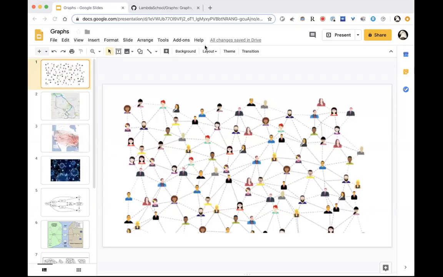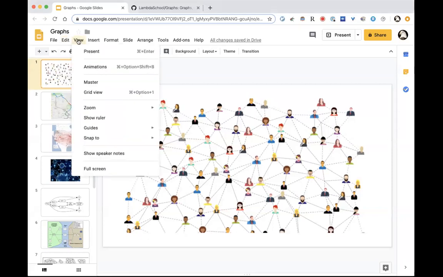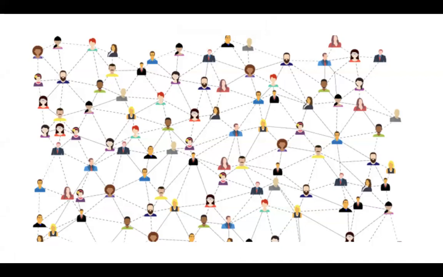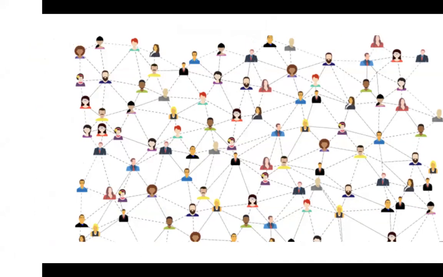So let me share my screen. Okay. Right. So let's start off thinking about networks, because more or less a graph is just another word for a network. So what kinds of networks can you all think of?